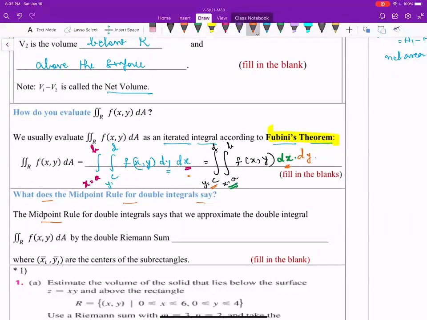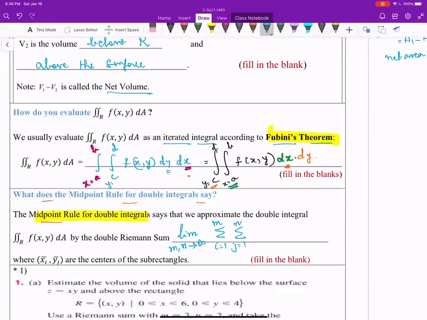The midpoint rule for double integrals says that we approximate the double integral over R, f of x y dA, by the double Riemann sum, which can be written as the limit as m and n approach infinity of a double sum, one for the subintervals of the x-axis, the other for the subintervals of the y-axis.